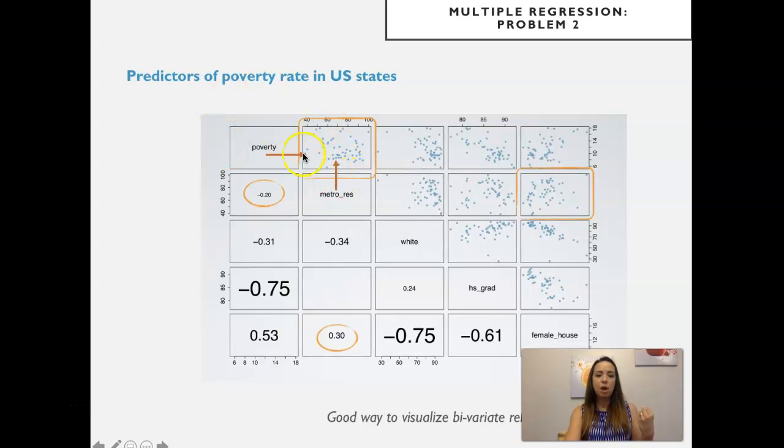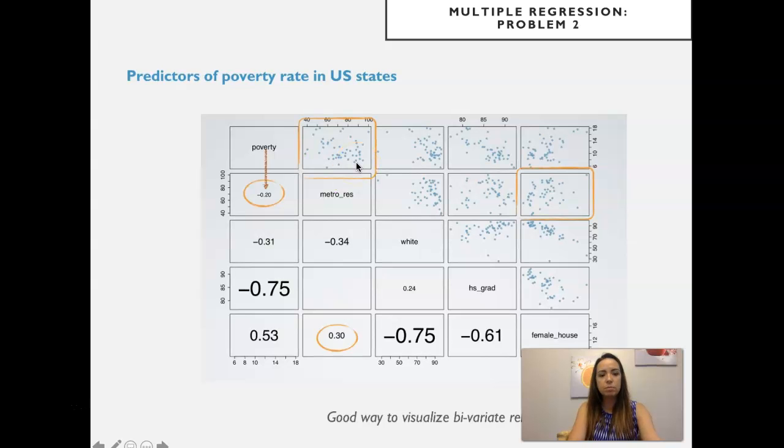If you look at this plot, it suggests a negative relationship, because the more people living in metropolitan areas, the smaller the poverty rate, right? If there are fewer people living in metropolitan areas, you have more poverty, right? There's a negative relationship here.